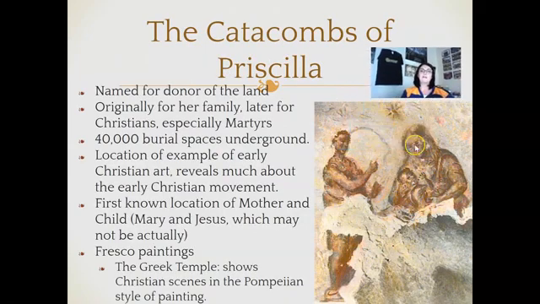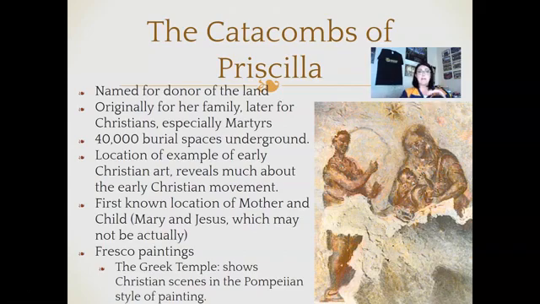So for the 250, the piece they've asked you to know is the Catacombs of Priscilla. And this was actually given away, a donation of land by her and her family, because it originally belonged to her. And she felt for the martyrs and the Christians who were dying for their faith.